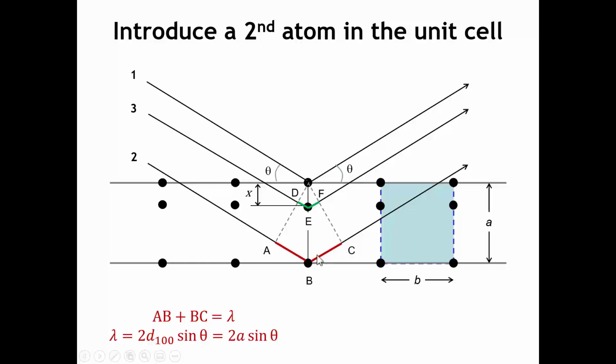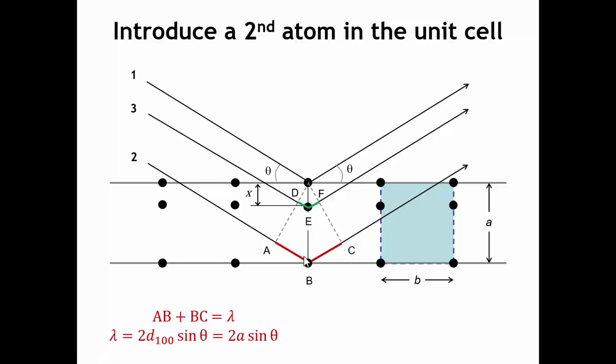The extra path length shown in red, to satisfy Bragg's law, had to be one wavelength. So the extra path length of beam 3 is going to be a fraction of a wavelength. And that path length difference means that we're going to get some interference effects between waves 3 and 2.